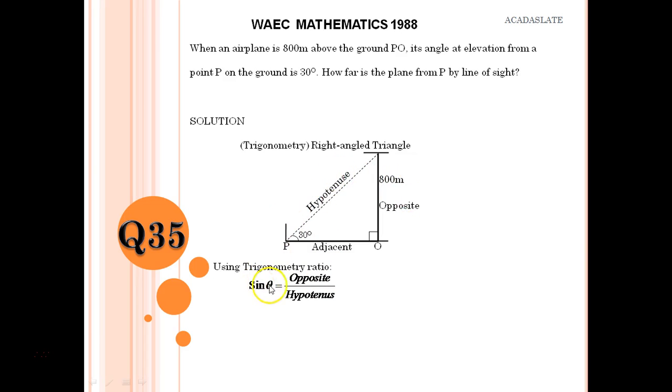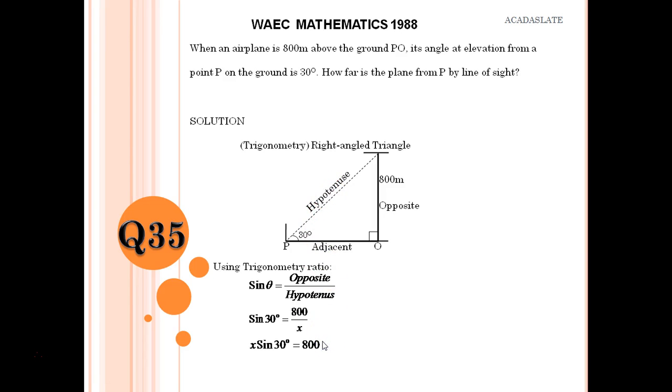So now we say sine theta is equal to opposite over hypotenuse, which is 800 meters over this side I'm looking for. Alright, so theta represents 30 degrees, and I say sine 30 degrees is equal to opposite, which is 800 meters over x. Now we denote this hypotenuse as x.